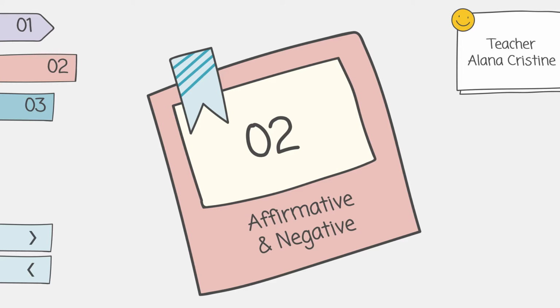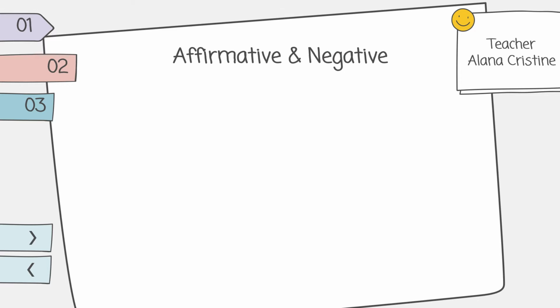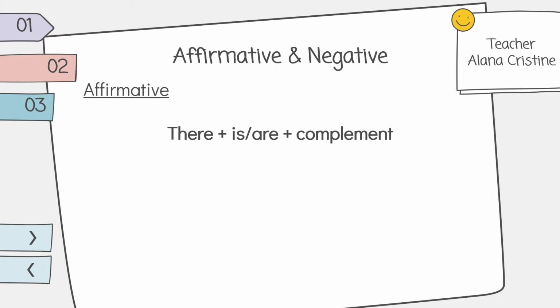Let's talk about how to use there is and there are in their affirmative and negative forms. To start, let's talk about the affirmative form. To form the affirmative, we use there plus is or are and the complement.